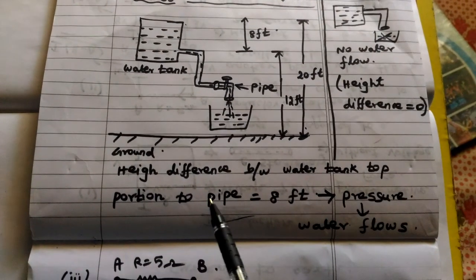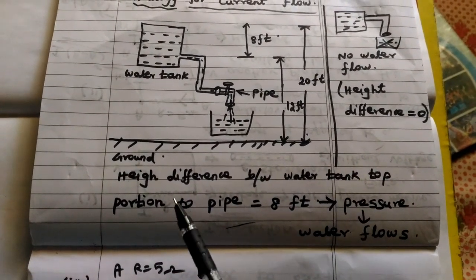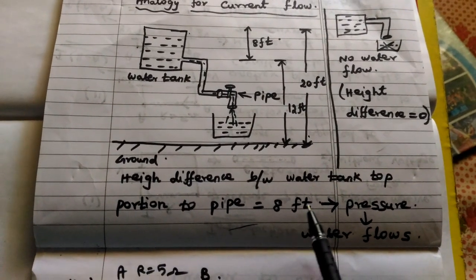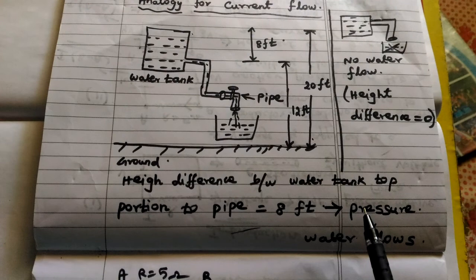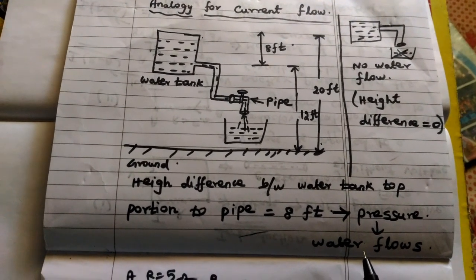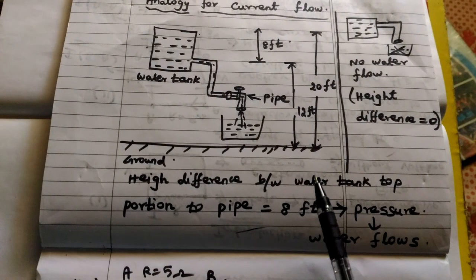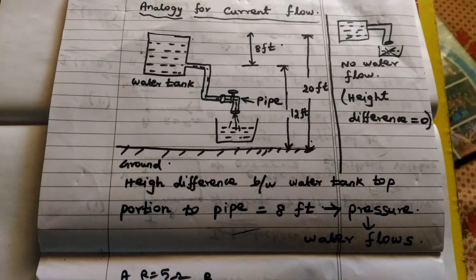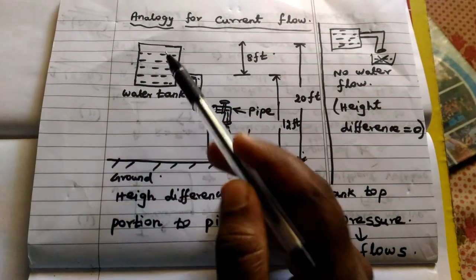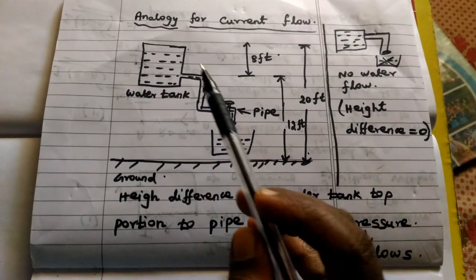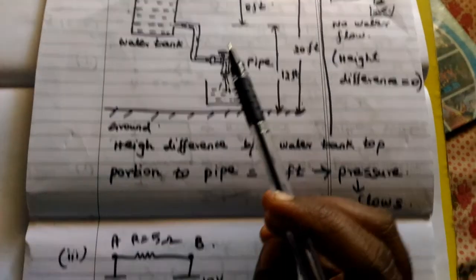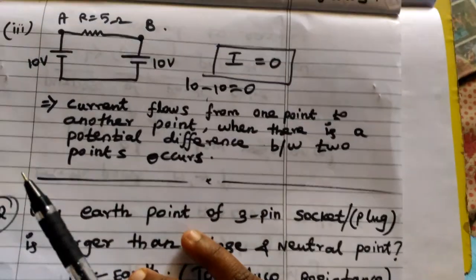The height difference of 8 feet between the top portion of the water tank and the pipe creates the pressure inside the tank. That pressure is used to move the water from the tank to the container. This concept is used in the electrical circuit, that is, the current flows from higher potential to lower potential, like the water flows from higher altitude to lower altitude.